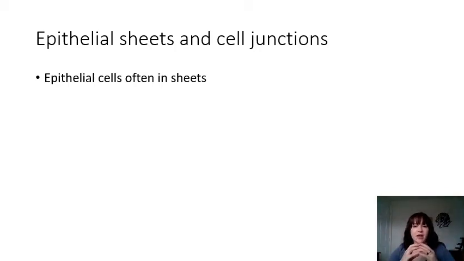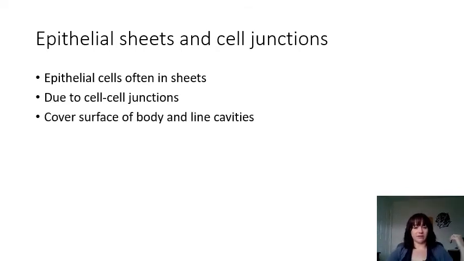The cells often tend to be bound directly to each other, and they can be seen in tissue structures such as sheets acting as barriers. And again, this is due to those cell-cell junctions. So anytime you think of a body lining a cavity or covering the surface of something, you are looking probably at epithelial sheets.